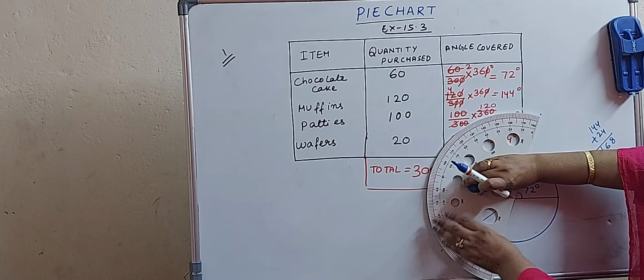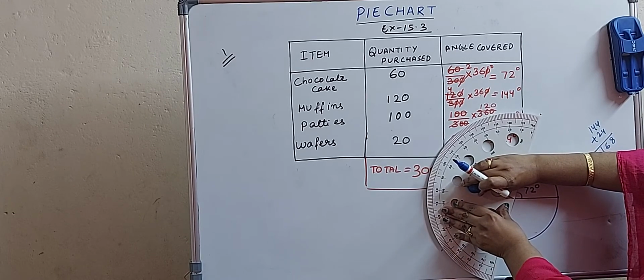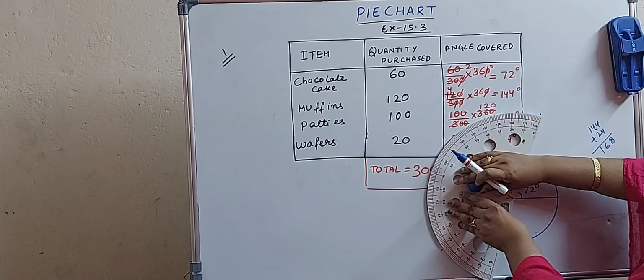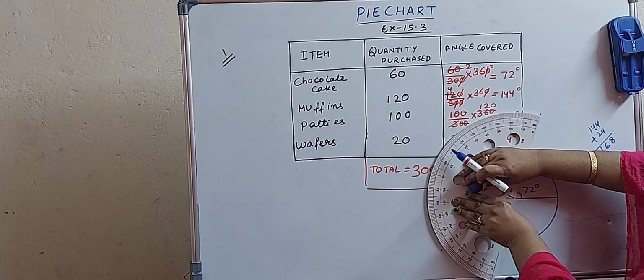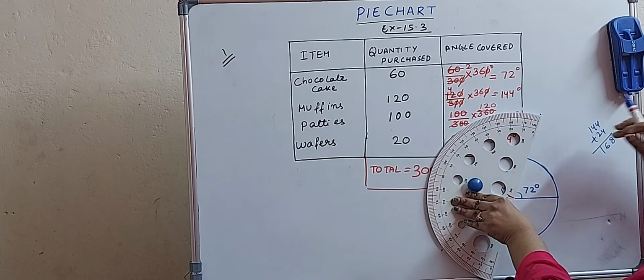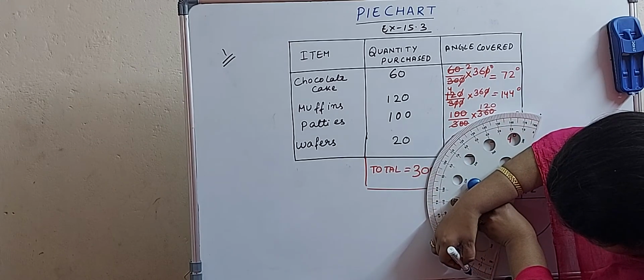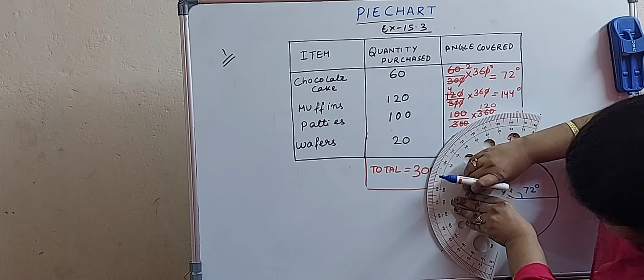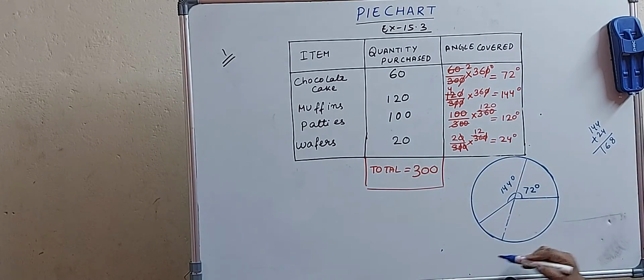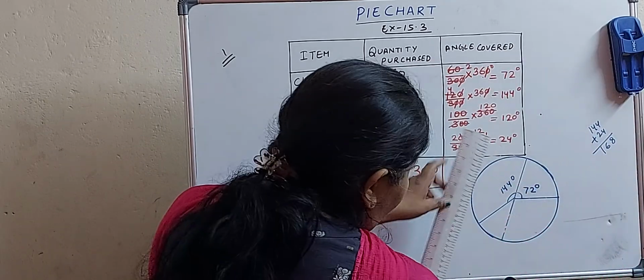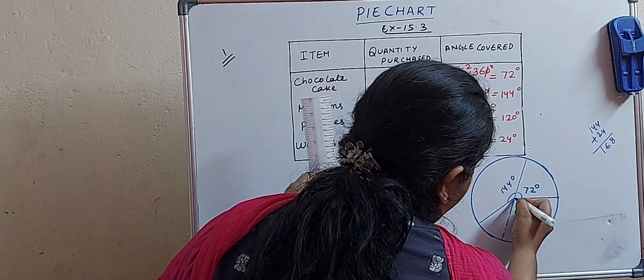Again the same way, check the baseline and center, and place the protractor accordingly. Our number is 168. So this is 160, two divisions before it. Here is the point which I have drawn, and then I will draw the line from the center up till here.